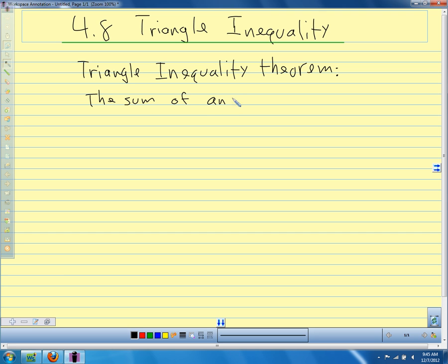of any two sides of a triangle is greater than the third side.